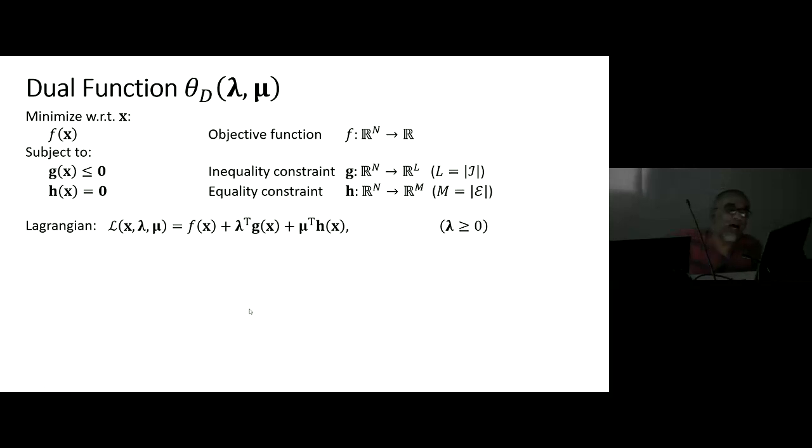And this is how we define the Lagrangian. Always remember that the lambdas have to be greater than or equal to 0. And this is the feasible set. F is the feasible set or feasible region where none of the inequality constraints or the equality constraints are violated.